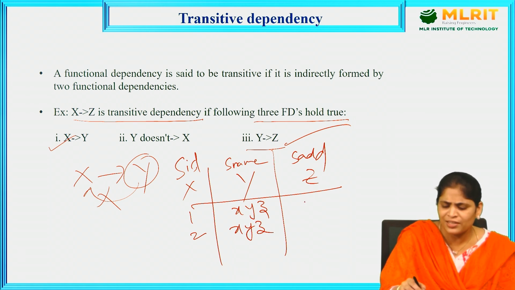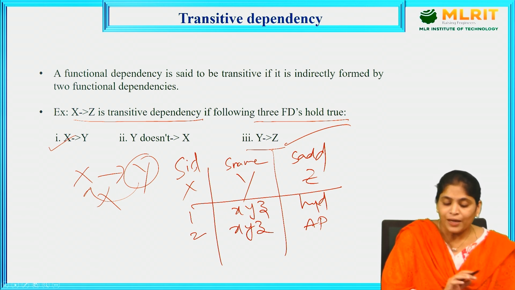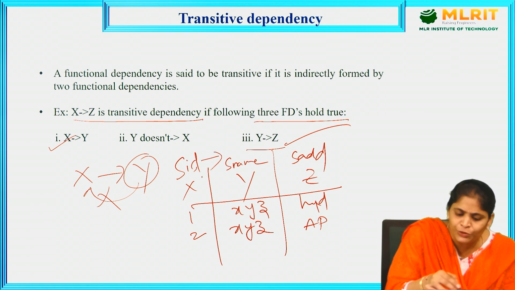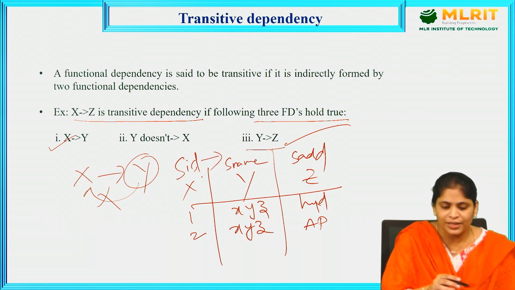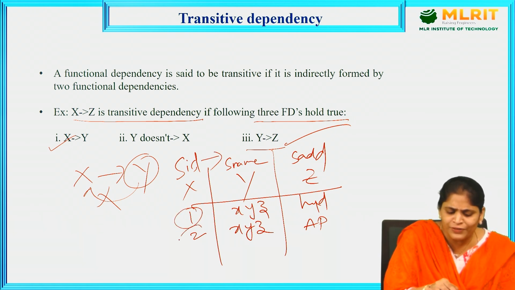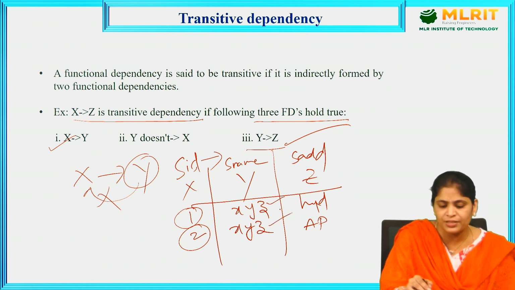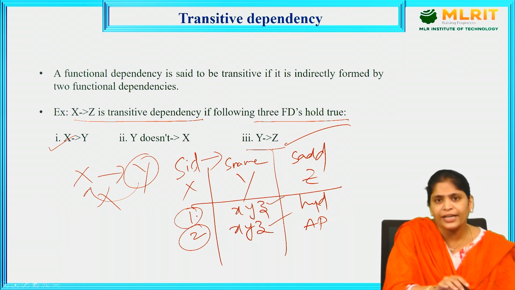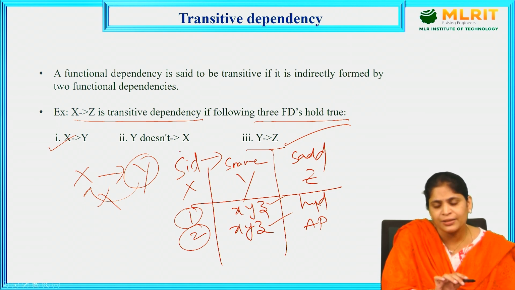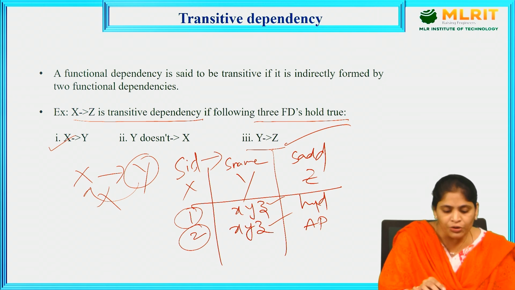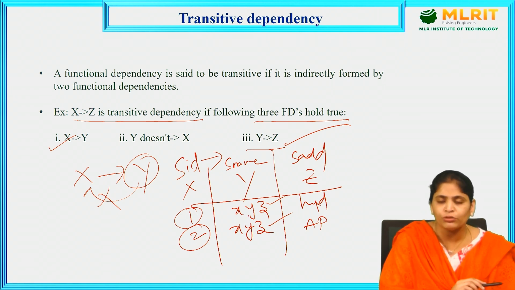And SAddress is, for example, Hyderabad, and this is AP. So from this, we can say SID can uniquely derive SName, right? Why? Because with the IDs only, I am able to uniquely identify these two persons. Without considering IDs, how can I represent these two persons? I can't, right? So with the help of IDs only, I can identify.